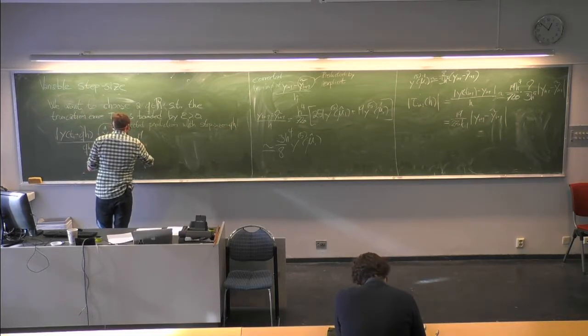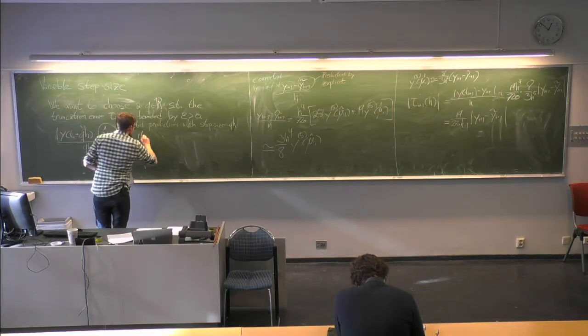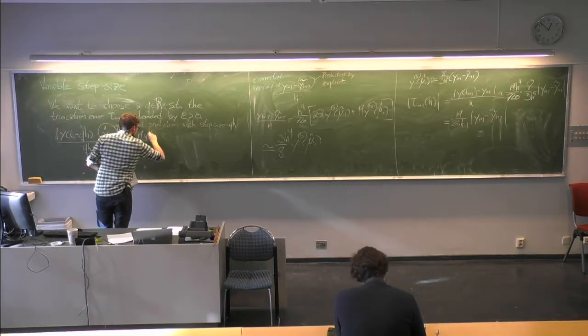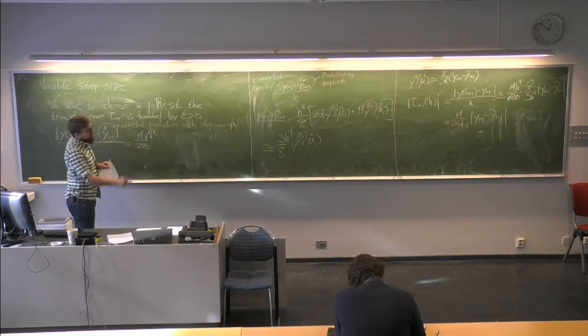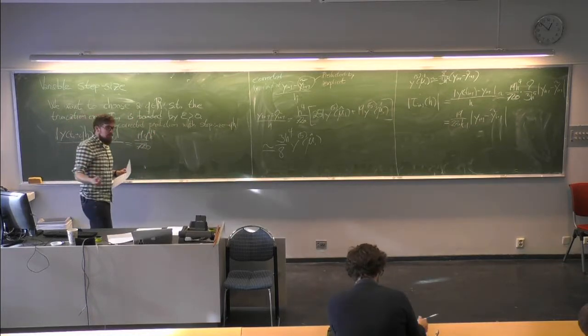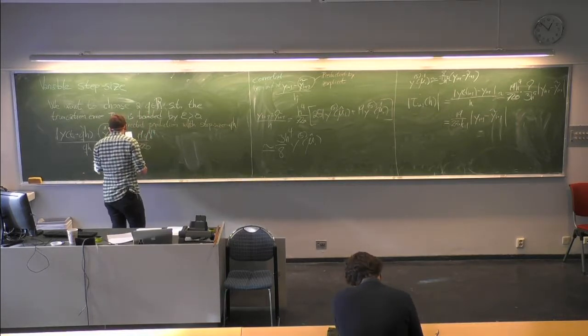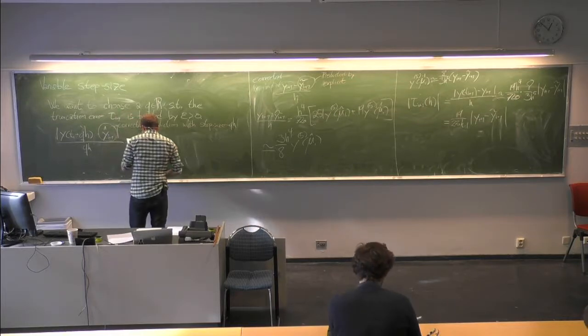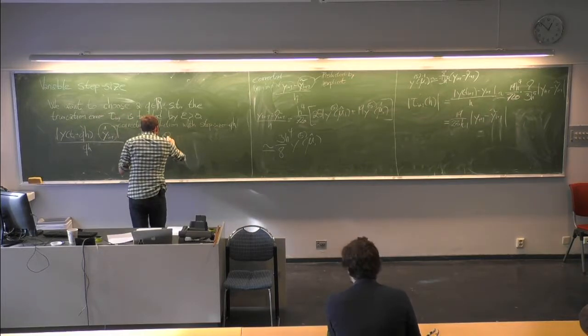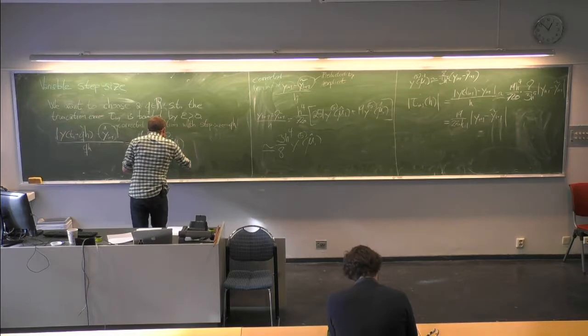19 over 720, q to the power of 4 times h to the power of 4, plus we just switched h with q times h, some kind of mu.